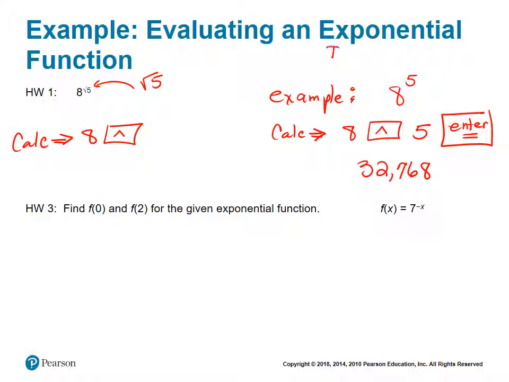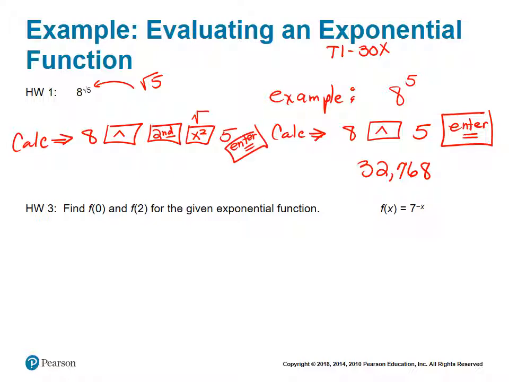Now again, on the TI 30X calculators that we have in the classroom, you would need to type the second function key, which is a blue key, in the upper left corner. And then you would need to hit this key, which is x squared, because in blue right above it, it has the radical symbol. And then you would type in the 5 and then the enter or equals.